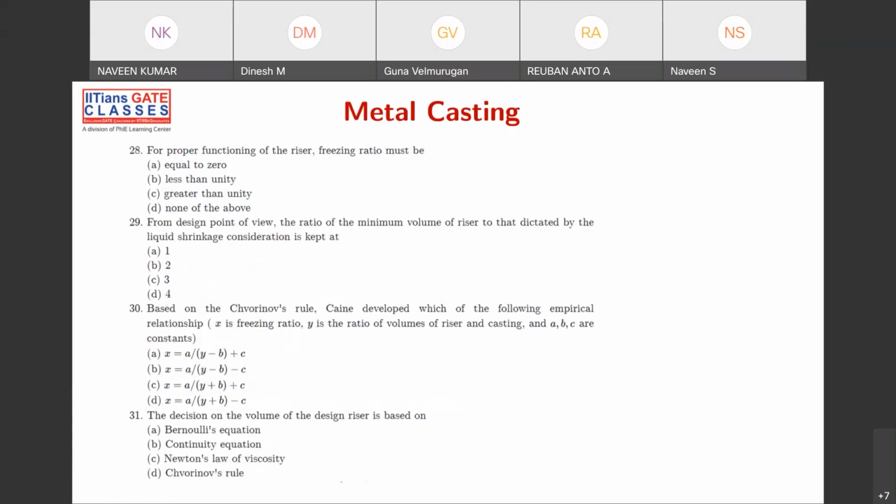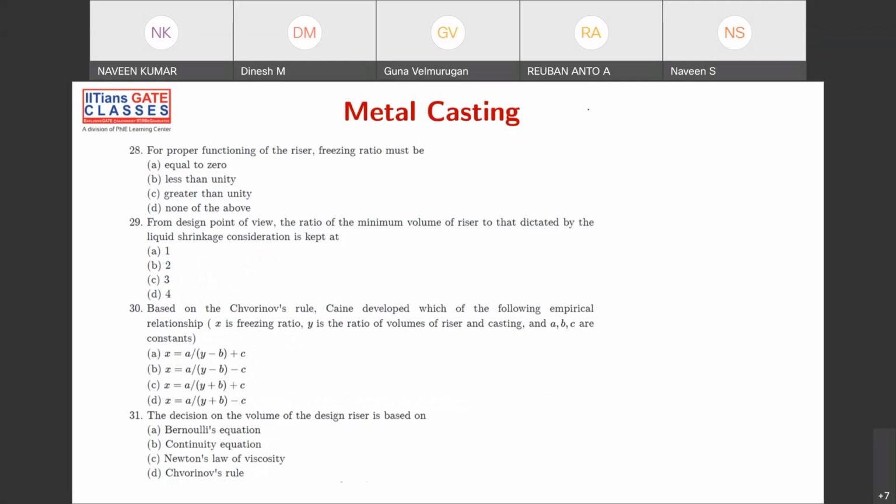Okay, next. 28th one. What is the answer for the 28th one? The proper function of the riser freezing ratio must be. Easy, I told you already.